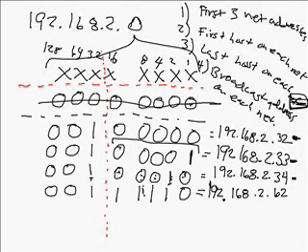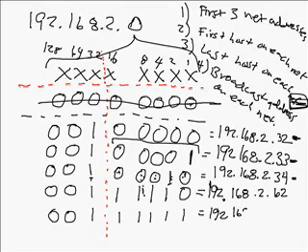Now the broadcast address of the first network is 192.168.2.63. It makes sense when you add those numbers up, you'll get 63.